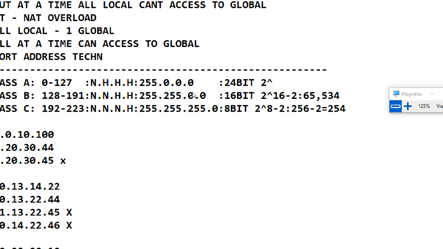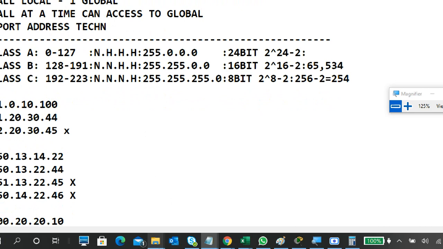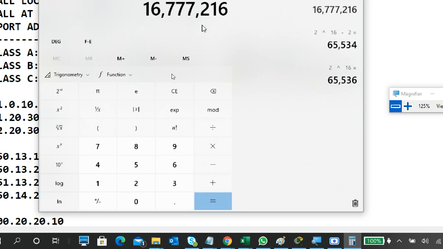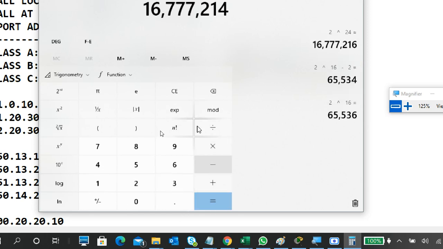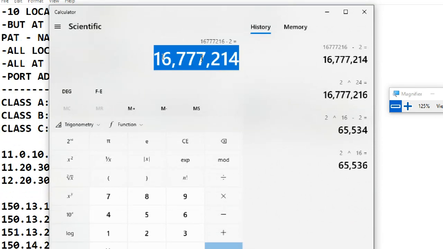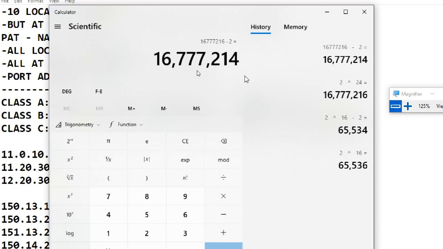2 to the power of 24 minus 2. For any IP address range, minus 2 is compulsory. So 2 to the power 24, and minus 2. It is 16 million, 16,777,214.